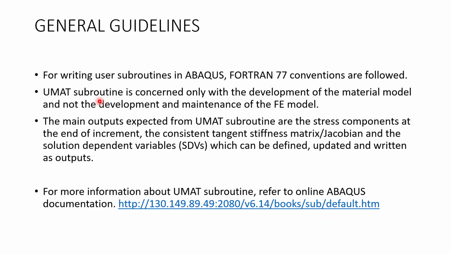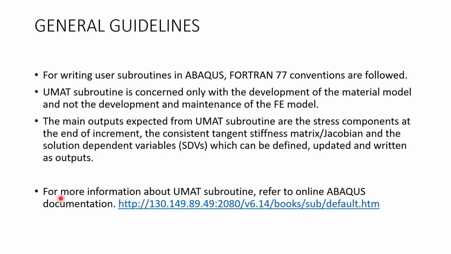All those things we are not worrying about. When we are writing UMAT, we are worrying only about the material behavior. When we have some material point in our domain, the material behavior associated with that point is the only concern for the UMAT subroutine. As I said earlier, the main outputs expected from the UMAT subroutine are the stress components at the end of the increment, the consistent tangent stiffness matrix or Jacobian, and the solution dependent variables. These can be defined, updated, and written as outputs.